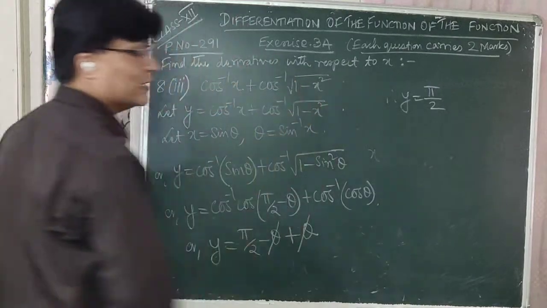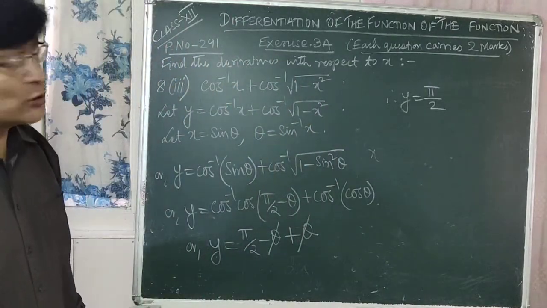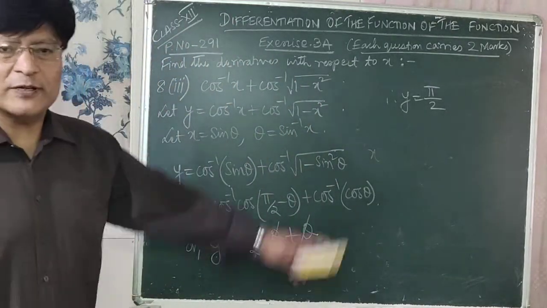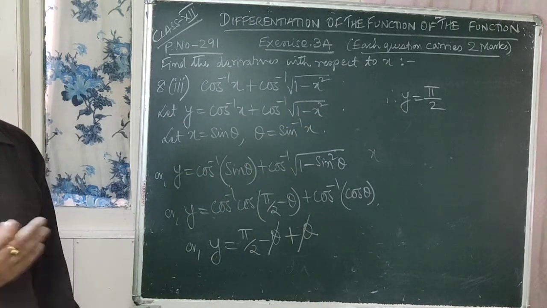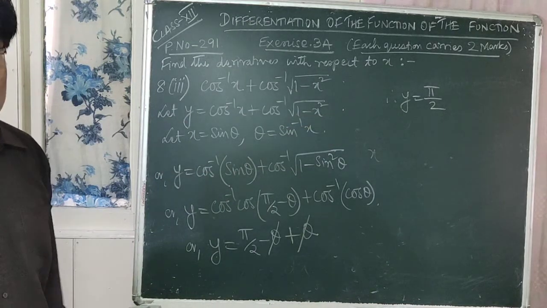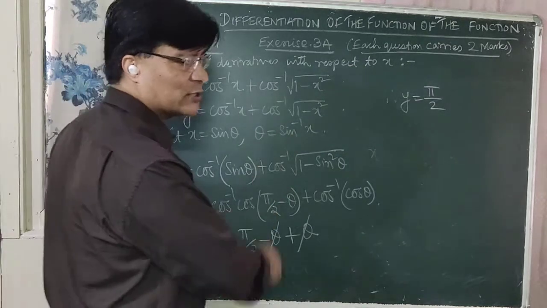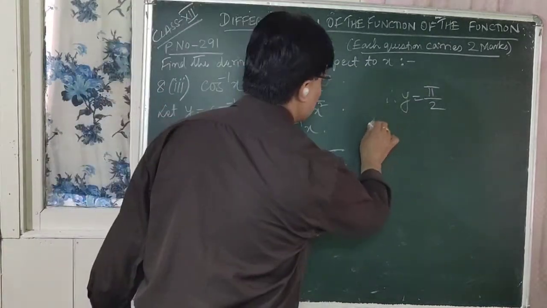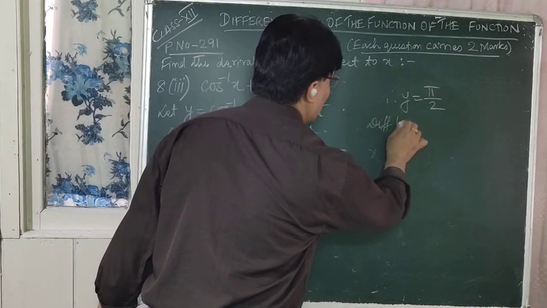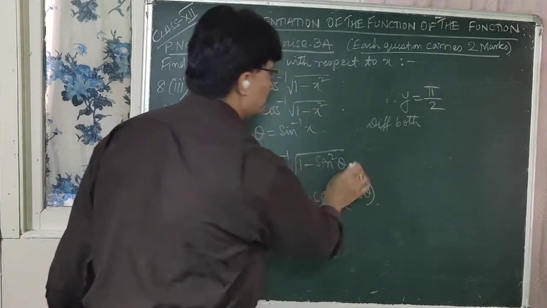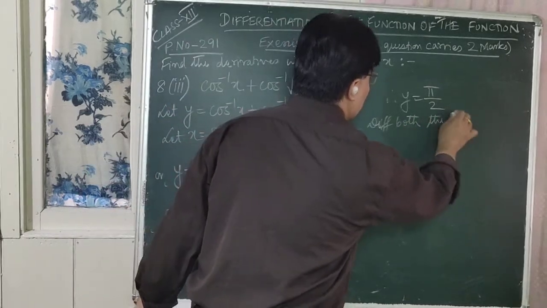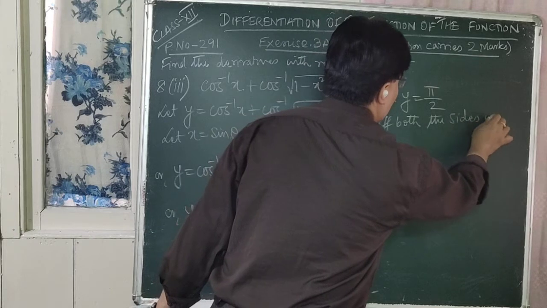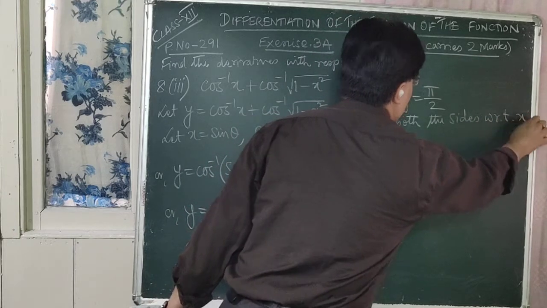So we have got y is equal to pi by 2. So it is easier for you to differentiate this pi by 2, isn't it? This pi by 2 is constant. So what is this differentiation? 0. So the answer should be 0 here. So let us write here, differentiating both the sides with respect to x.